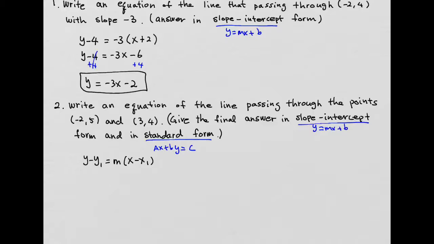So finding the slope is going to be y2 minus y1 over x2 minus x1.